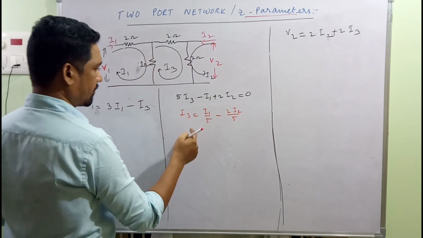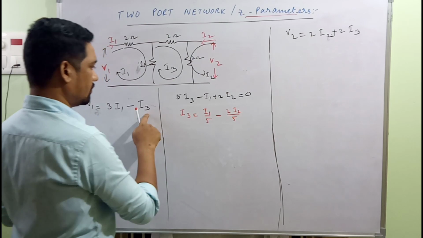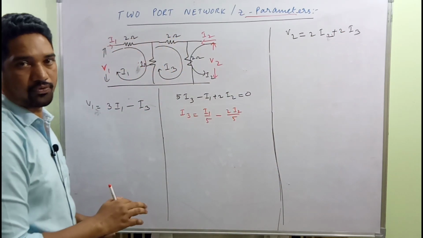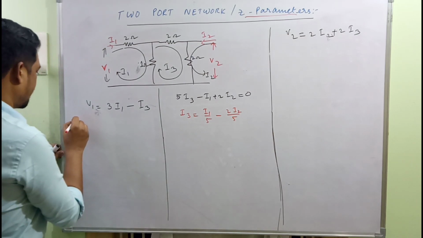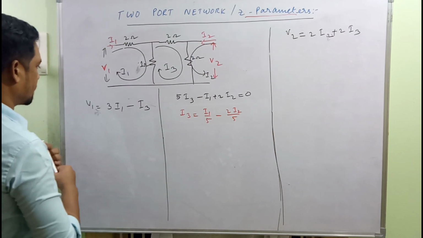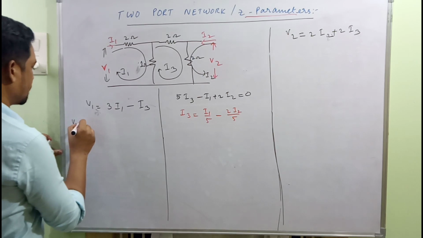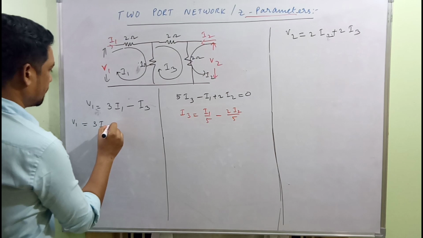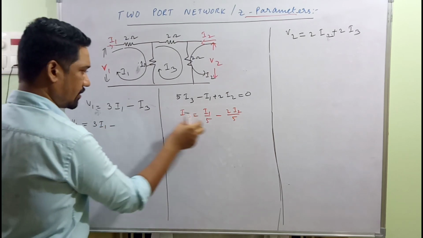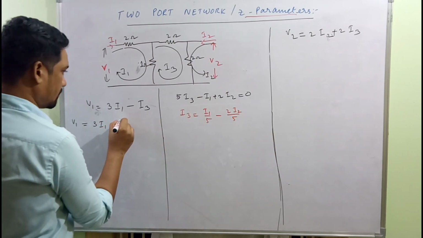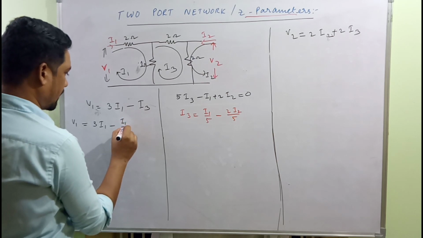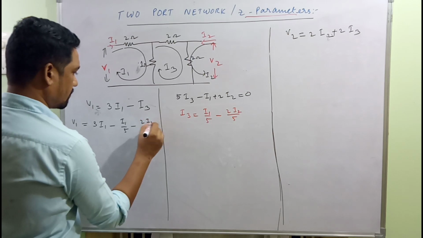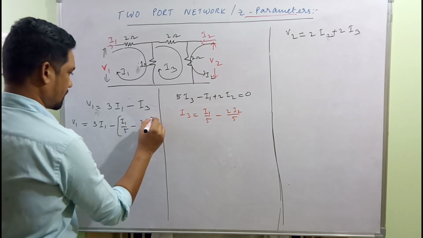That's the expression for I3. Now plugging in this I3 over here, in this expression we can evaluate the values of all four Z parameters. We have V1 equal to 3 times I1 minus, plugging in this value, 1/5 of I1 minus 2 times I2 by 5, and this is the case, right?